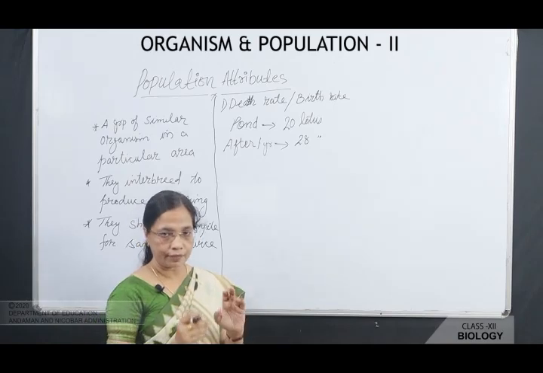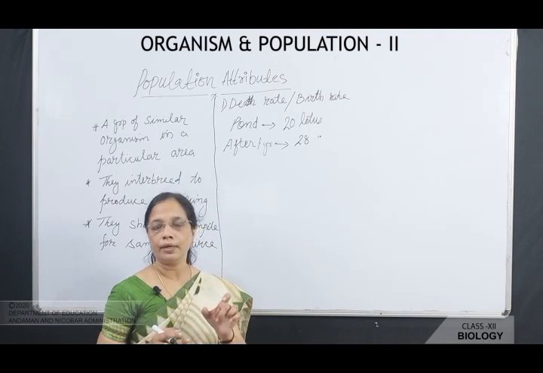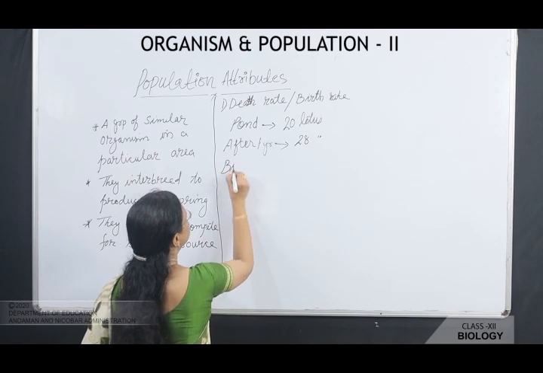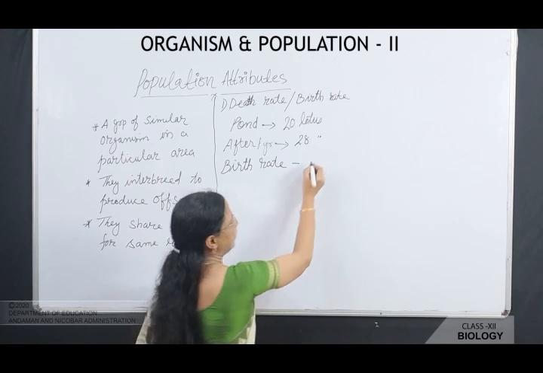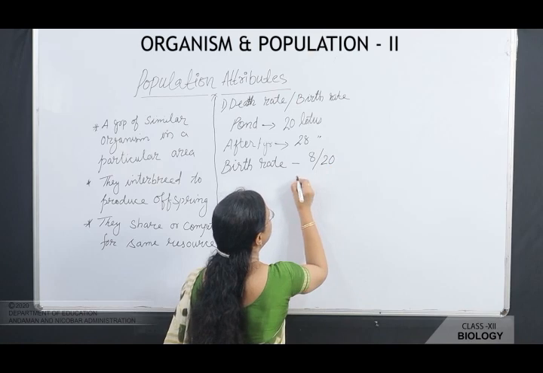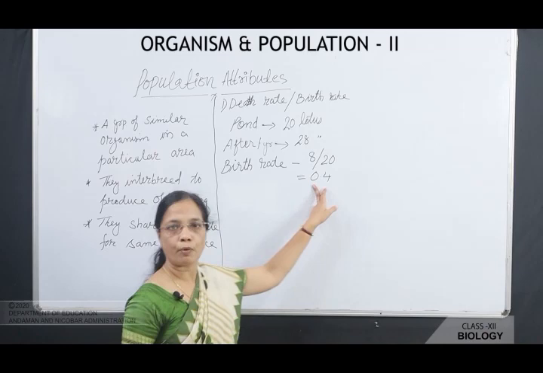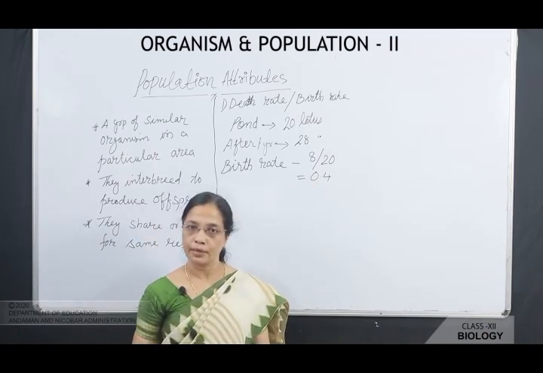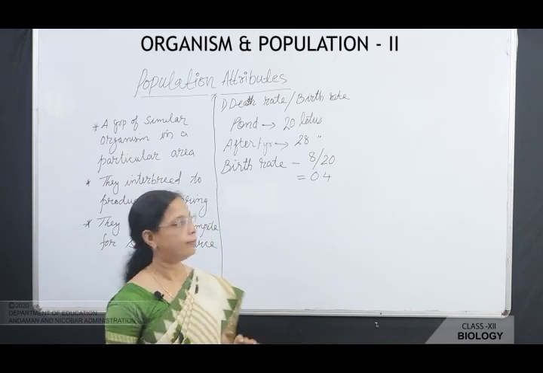When we use the term birth for an individual, we say that 8 more lotus are added. Now, when we calculate the birth rate, it is 8 more added divided by the earlier 20, that gives 0.4. The birth rate is 0.4. Similarly, we can calculate death rate also. So this is known as the first attribute, death rate or birth rate.